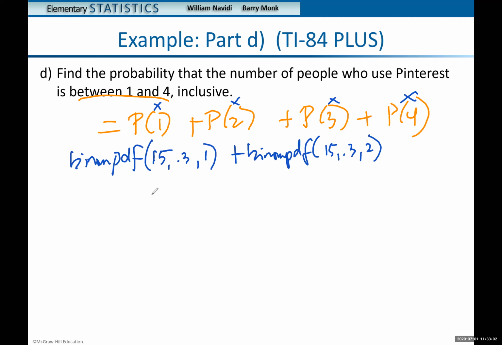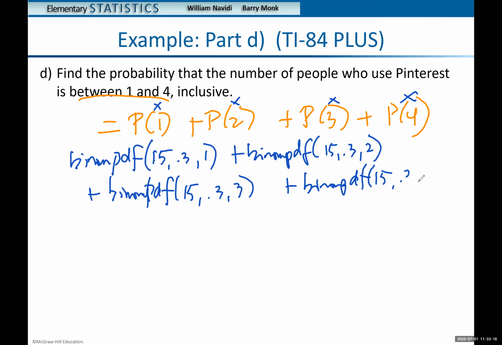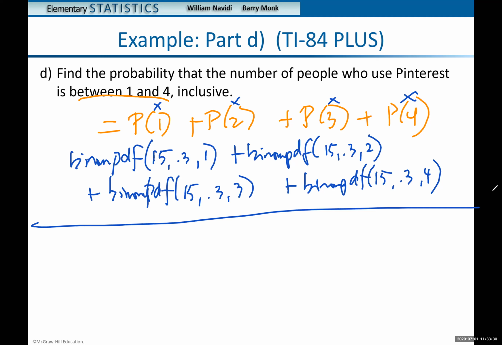This one, and so on. You will get the correct answer. But that's a long one, right? What if it's like between 1 and 9? So there's another way to solve this.